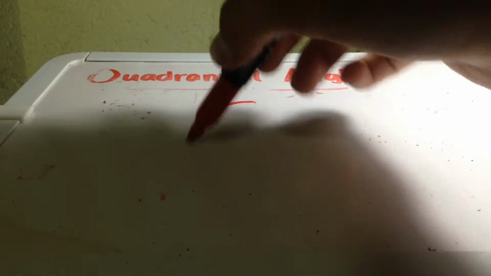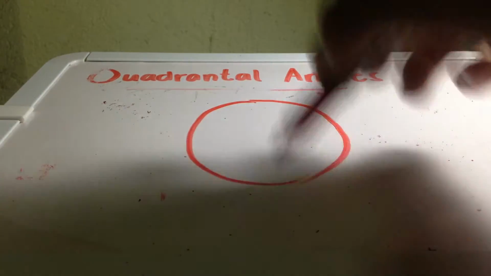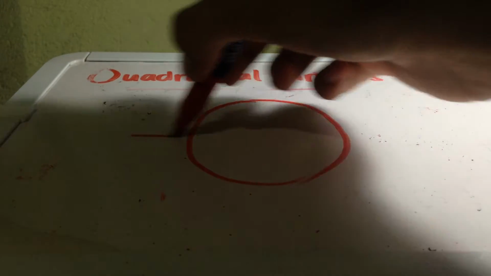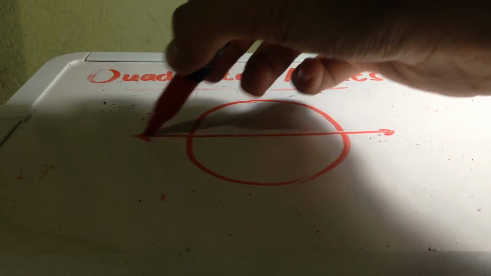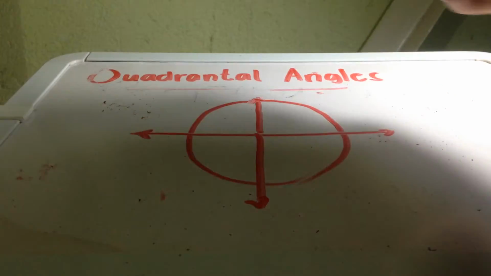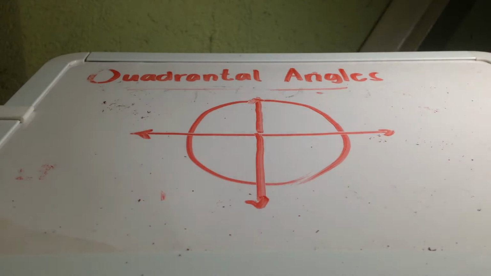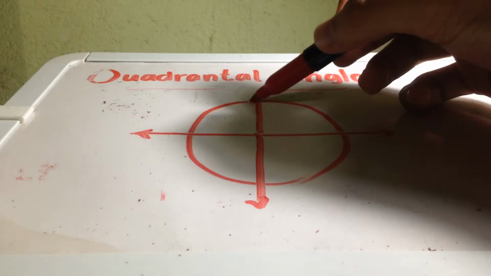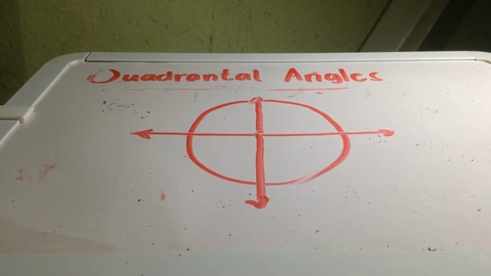Using the unit circle, pardon for the freehand, assuming that the center of the circle is at the origin, sine refers to y, right, because of the right triangle.